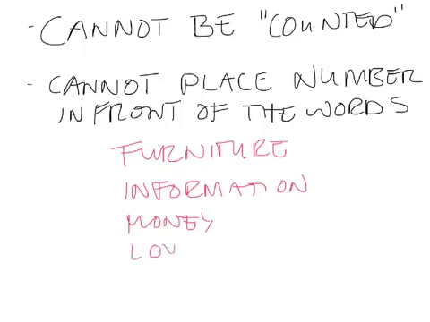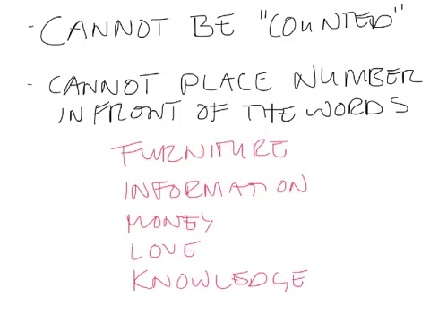Love. Knowledge. Okay, all of these are uncountable, which means that we don't count them. Essentially we do not place numbers in front of them. So you don't say a furniture or an information or two monies.